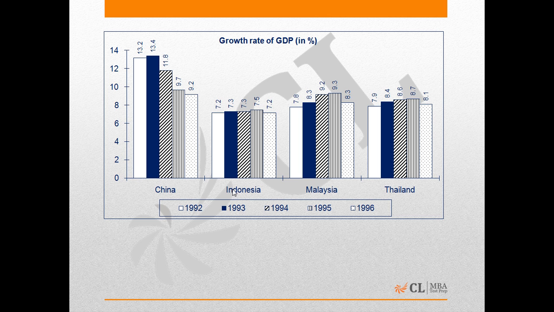The growth rate of Indonesia in 1992 is 7.2, of Malaysia in 1994 is 9.2. So it is quite easy to comprehend data given in the two charts. Now let's move to the questions.